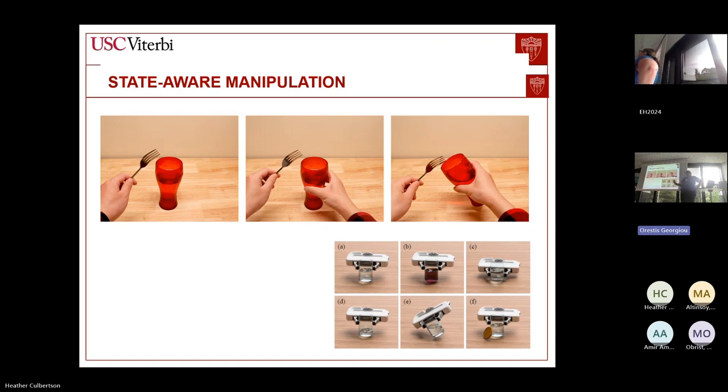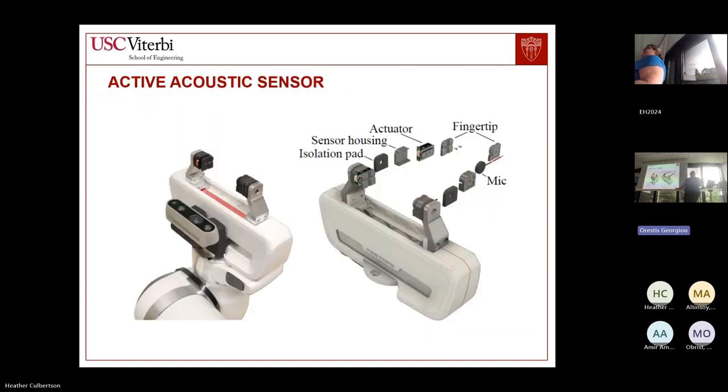Then we can train a model to learn what those distortions mean in terms of the material properties of the object, so that we can learn different contacts as well as material properties, whether something is hollow or full, or what type of material it is.